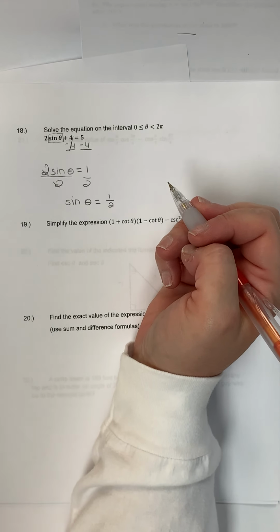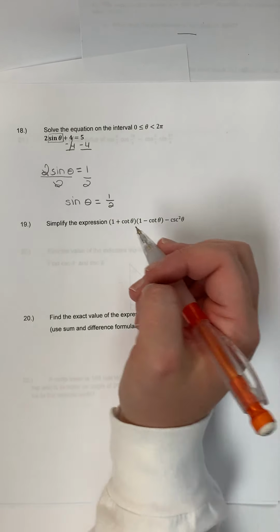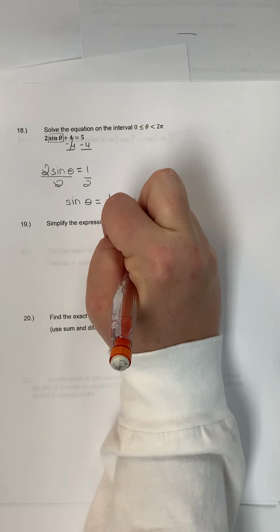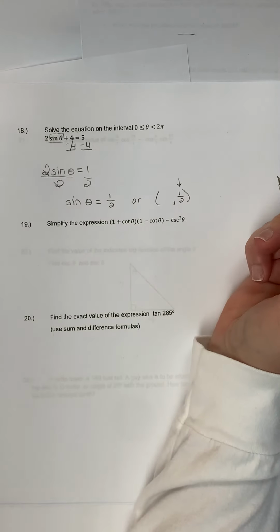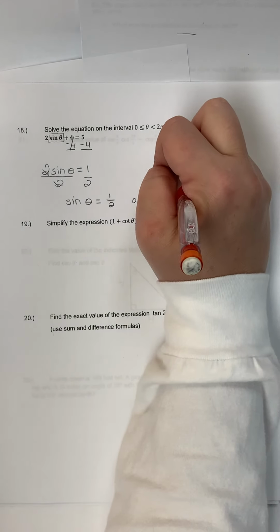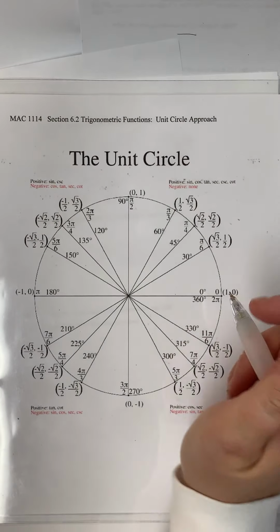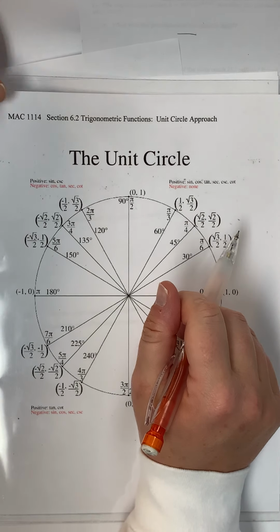Okay. Now, I'm looking for the point on the unit circle where sine theta is positive 1/2, or where I have a positive 1/2 in the y place, right? That's what I'm looking for. Okay, so I take my unit circle. Well, here's a positive 1/2. That's pi over 6 again.